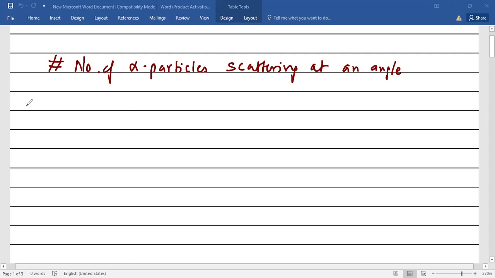We draw one graph like this, with one axis and one more axis here. Let us name this axis N theta, and this axis theta. Theta is the angle of scattering, and N theta is the number of particles scattering at the given angle. It was found the graph goes like this.